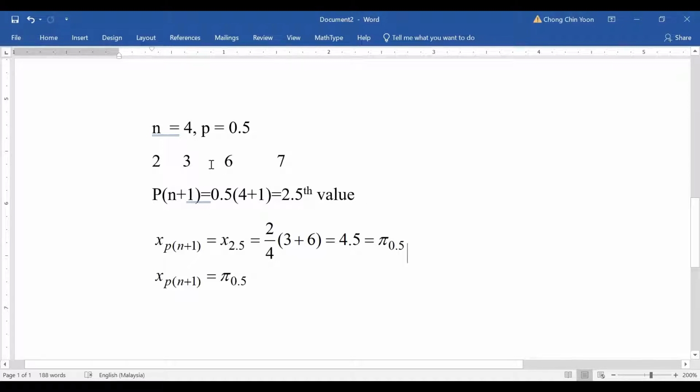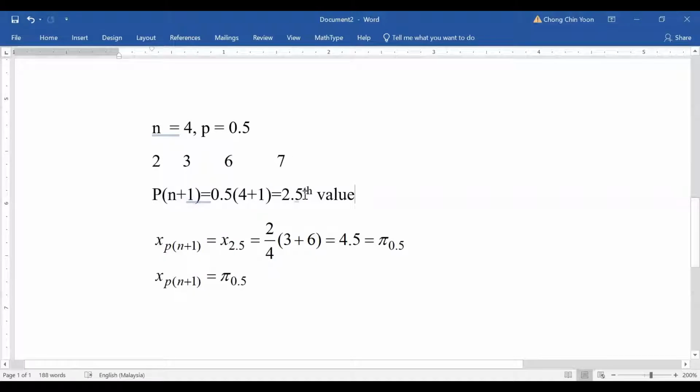You want to find the value at this pi 0.5, so we have to use this formula that you have learned before. Remember, in your quartile, this is the value divided by the n, times the value. So I think you understand this, right? This is a 2.5 value.